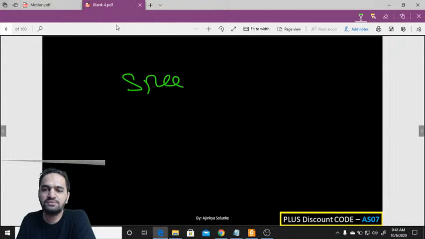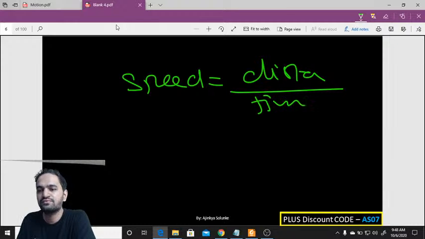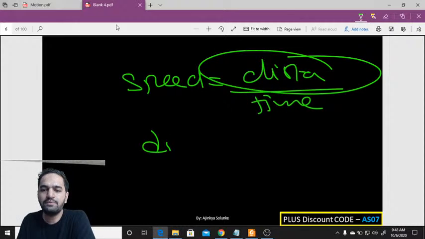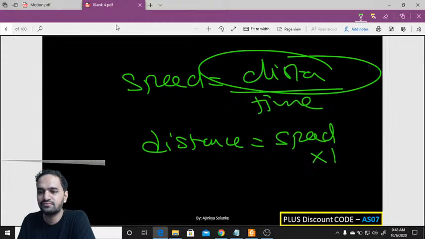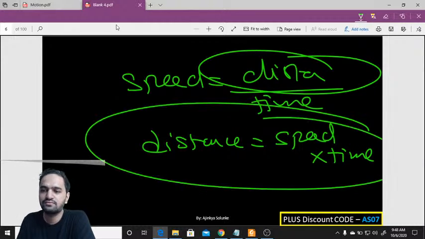Speed is equal to distance by time, so distance can be calculated with the help of speed into time. That is the formula you are supposed to use.